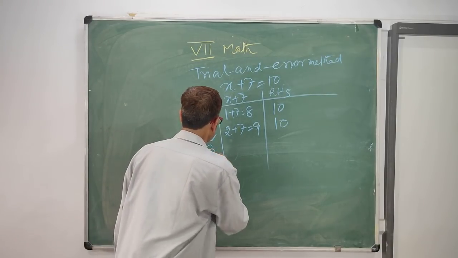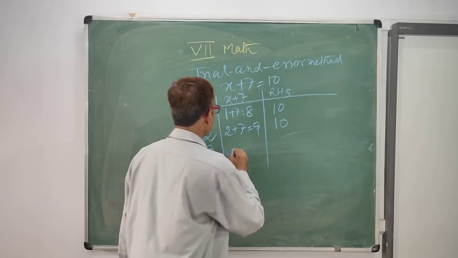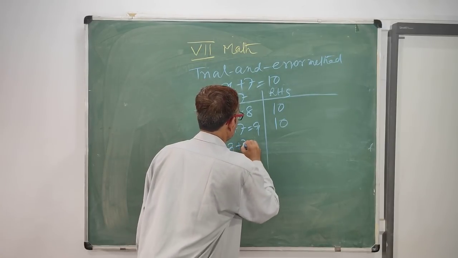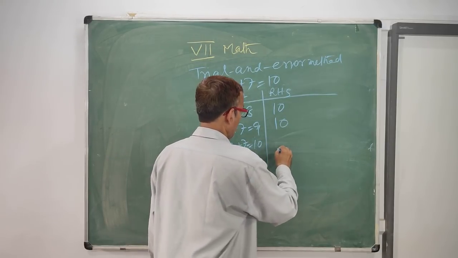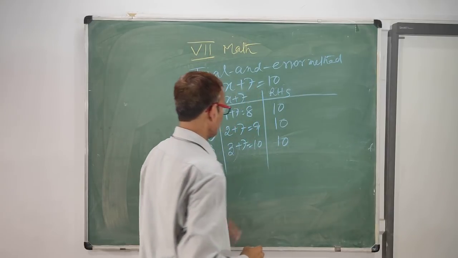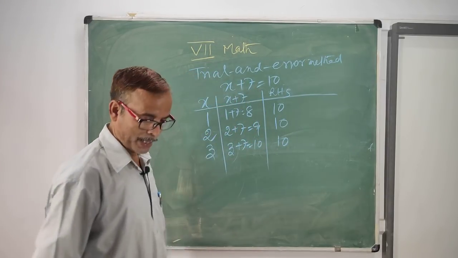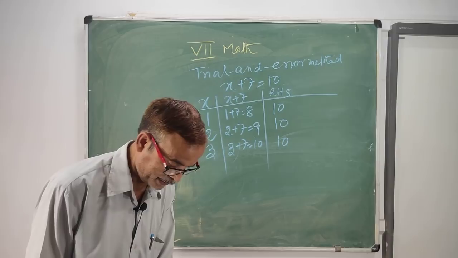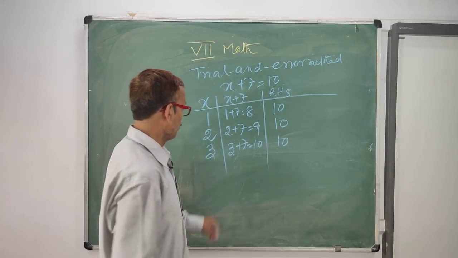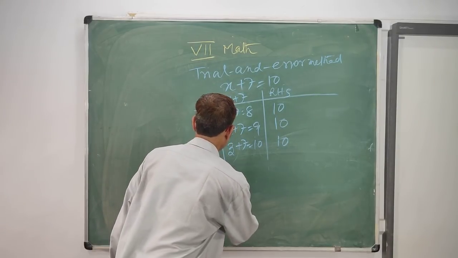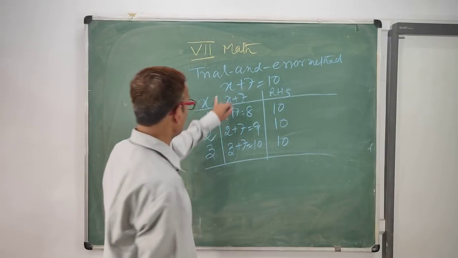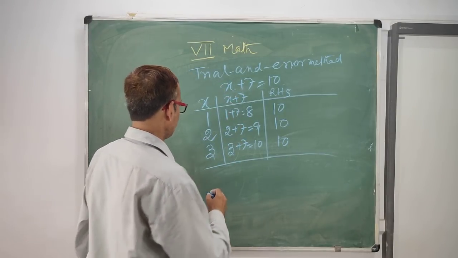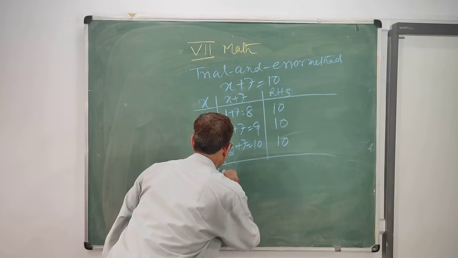Then again you put x equal to 3, 3 plus 7, this is equal to 10, and right hand side is also 10. So left hand side equal to right hand side, it means the solution or root of the given equation is x equal to 3.